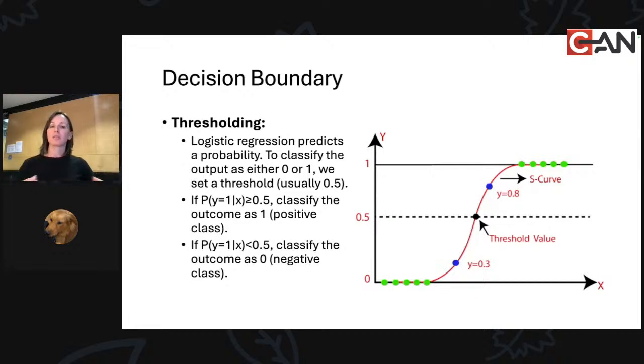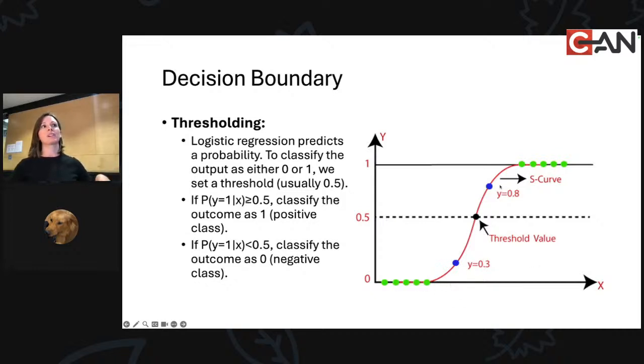The way we interpret that output is with a decision boundary that we can set manually. We can choose this. We can make it 0.9 if we want. And typically by default, if it's greater than or equal to 0.5, then it's predicted as a true outcome. And if it's less than or equal to 0.5, it's predicted as a false outcome.